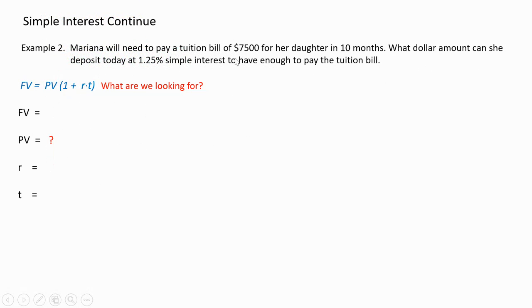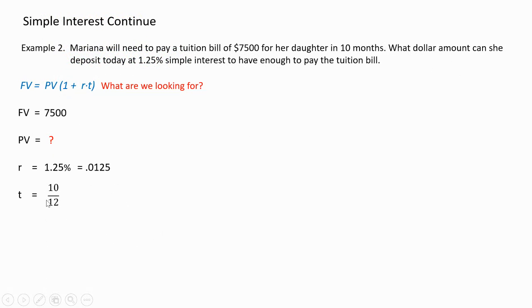So the future value, she wants this amount, the 7,500, in 10 months. So that's my future value. My interest rate is 1.25%. Converted to a decimal becomes 0.0125. But the time is not in years, it's in months. So we have to put 10 divided by 12.